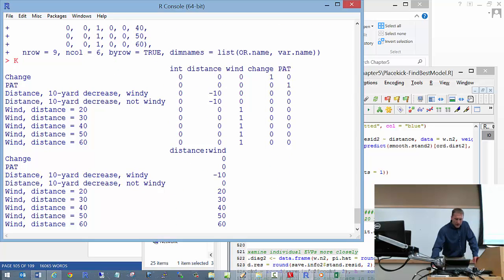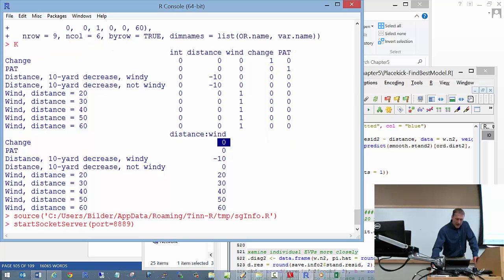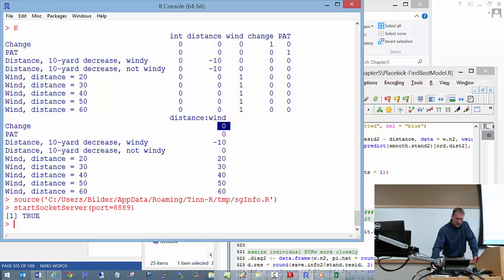And so then this is what I get. So for the change variable, I have a coefficient of 0 on beta 0, coefficient of 0 on beta 1, coefficient of 1 on beta 3, and coefficient of 0 on beta 5, for example. And so all these nice little labels, the dimnames thing, helps just label stuff and make it look a little bit nicer.